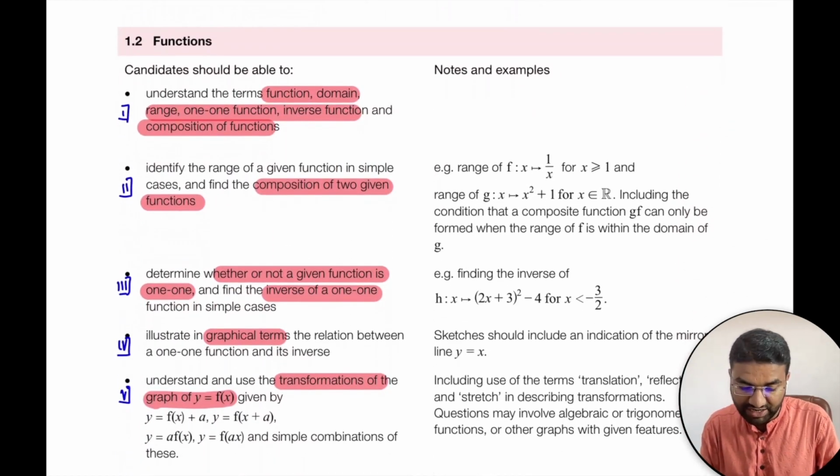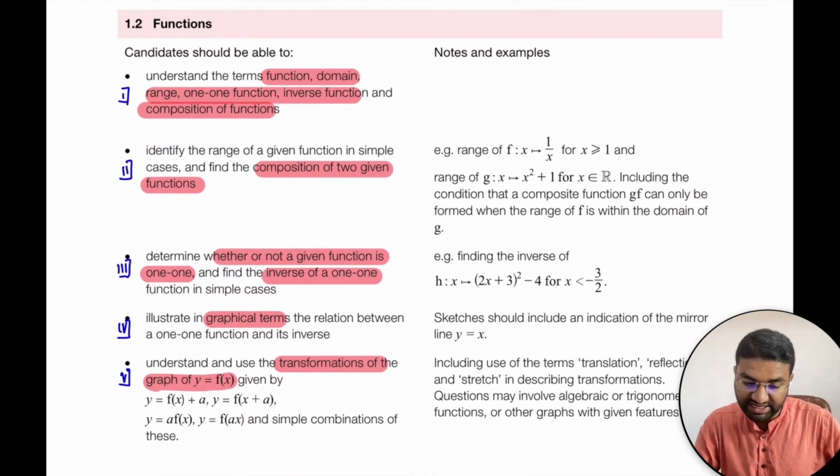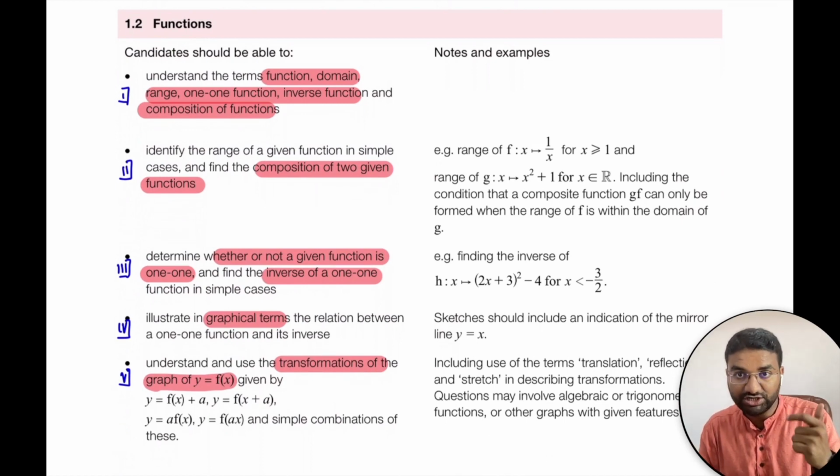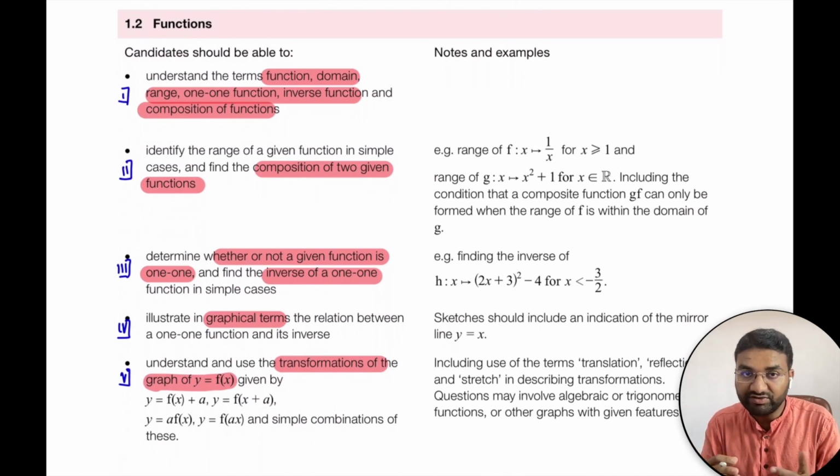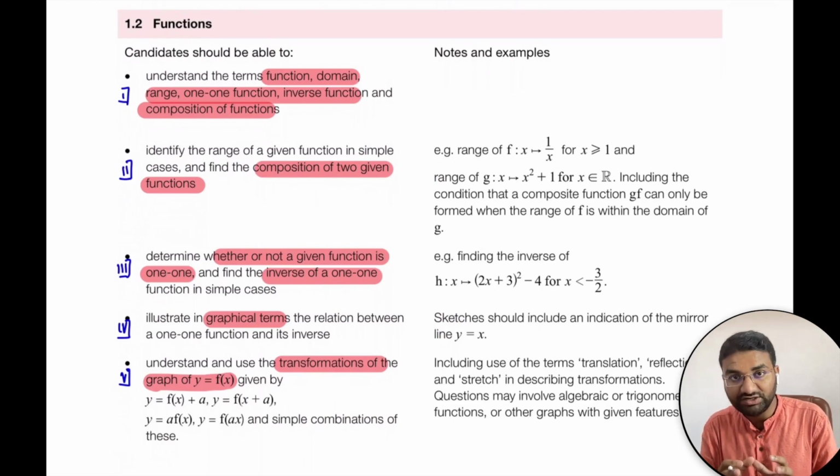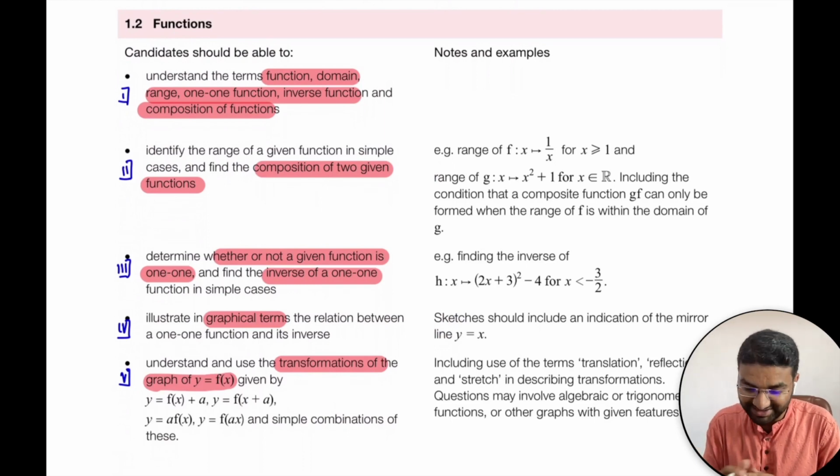In functions you have 5 topics: function, domain, range, one-to-one function, inverse function, composite function, and the composite of 2 given functions. Then whether a given function is a function or not. Then the inverse function, then graphs of a given function.